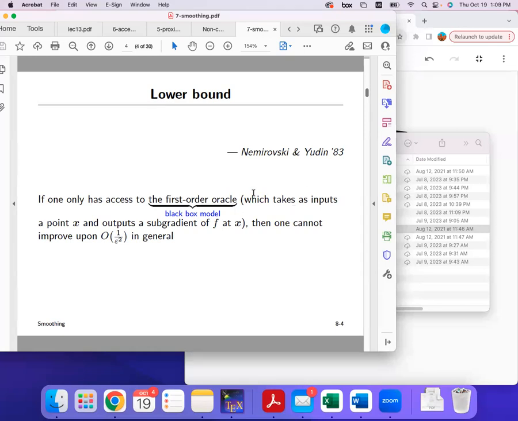There are some existing studies showing that if the algorithm can only access the gradients or subgradients, then this complexity for non-smooth problems is the worst case complexity. So one cannot improve this complexity in general.